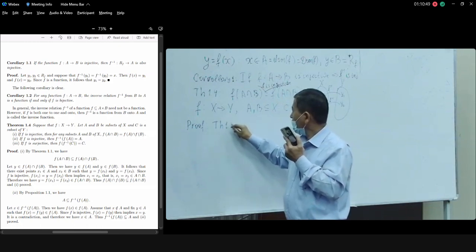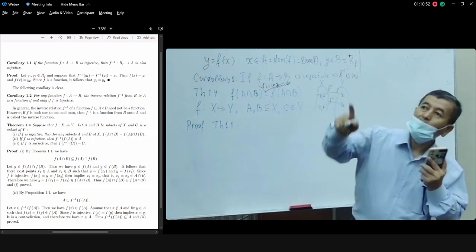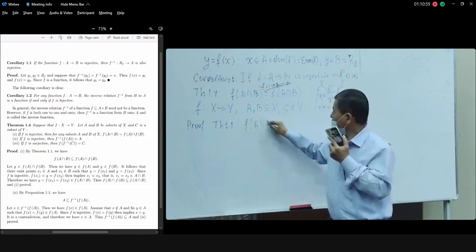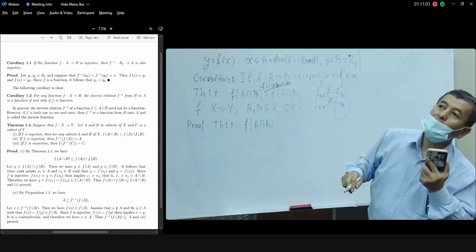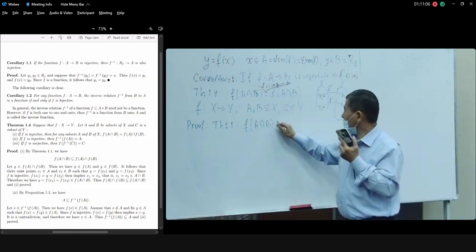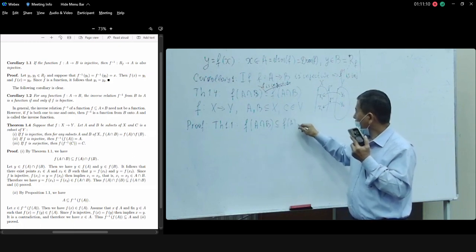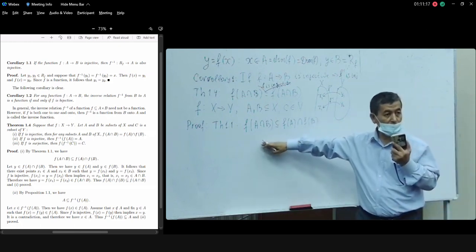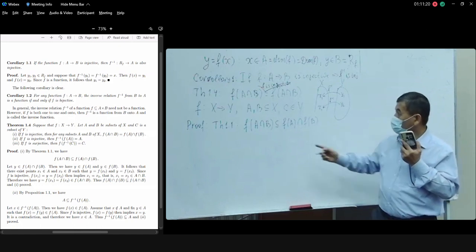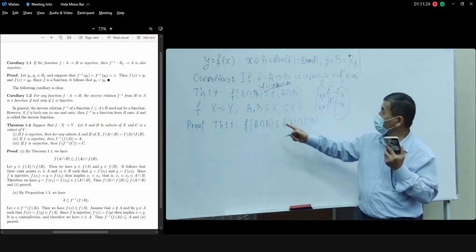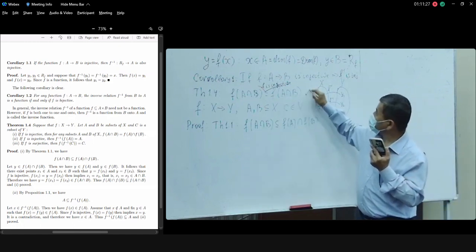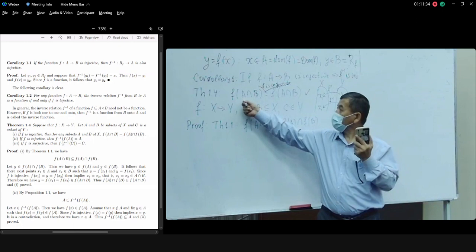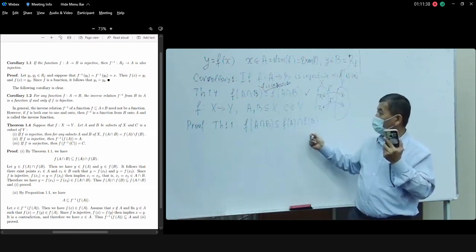Theorem 1.1 stated that for A and B, f of A intersection B is a subset of f of A intersection f of B. So to prove this theorem, if you remember, I took an element from here and showed it is an element of here.